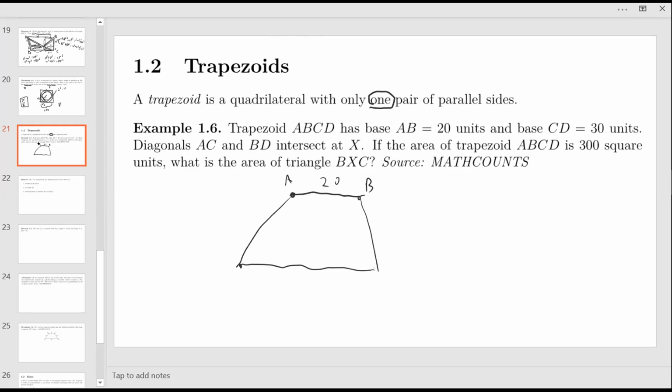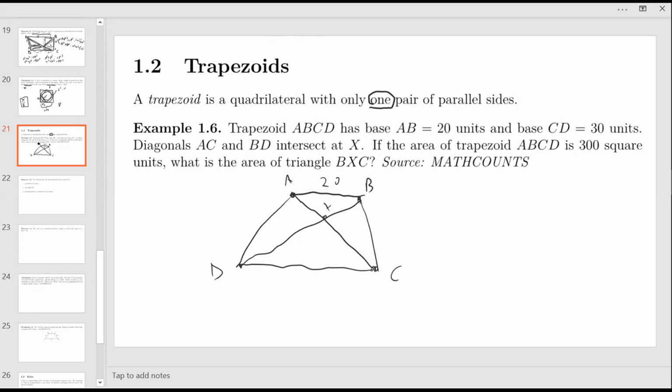Now we draw in diagonals AC and BD, and they intersect at X. If the area of trapezoid ABCD is 300, what is the area of BXC? So how do we do this?